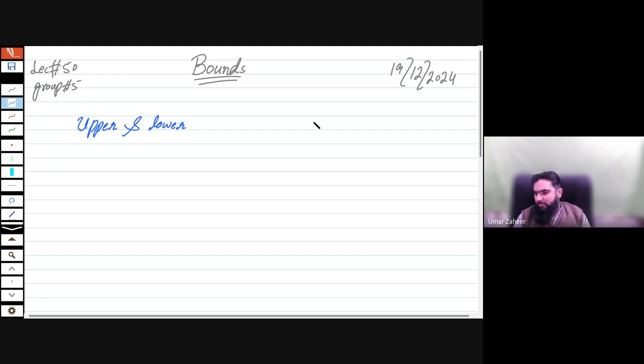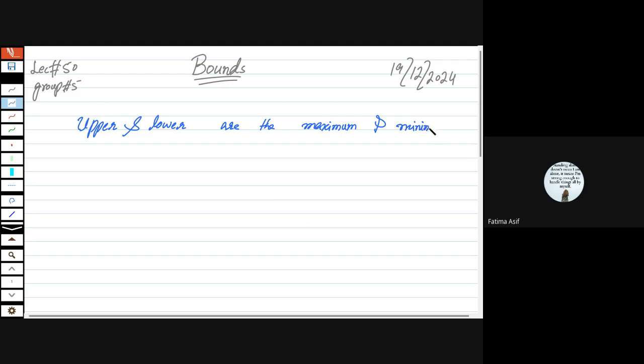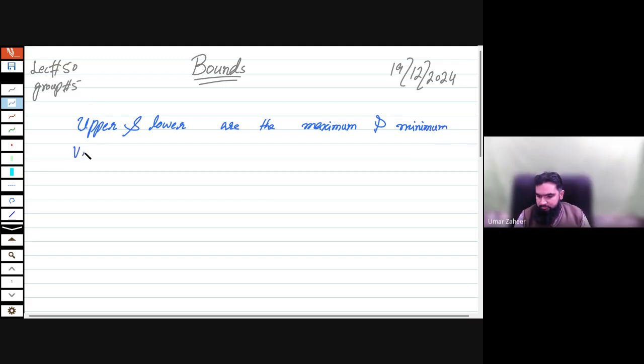For the upper bound you have the maximum value, and for the lower bound you have the minimum value that a number could have been before it was rounded off. Obviously when you round off, you have an error.